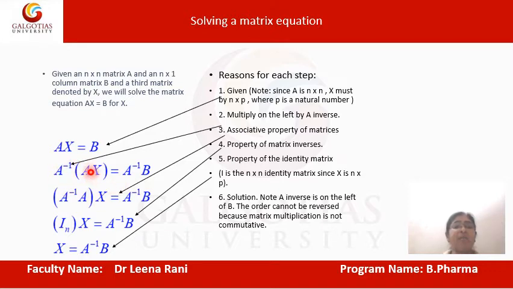So A inverse of AX is equal to A inverse of B. Now I will apply the associativity property: (A inverse A) X is equal to A inverse B. So A inverse A is I, so I_n X is equal to A inverse B, or X is equal to A inverse B. In this way we are able to solve the system of equations.